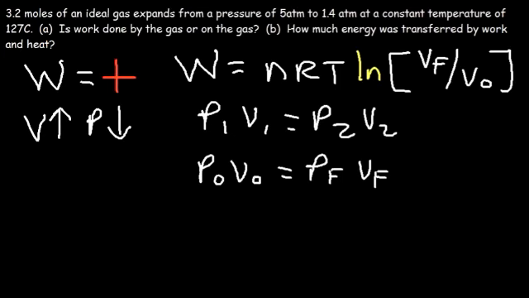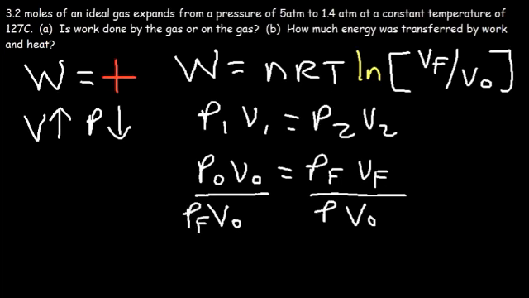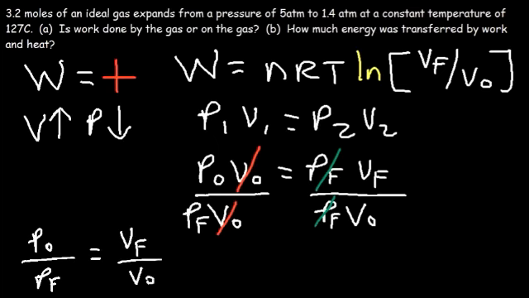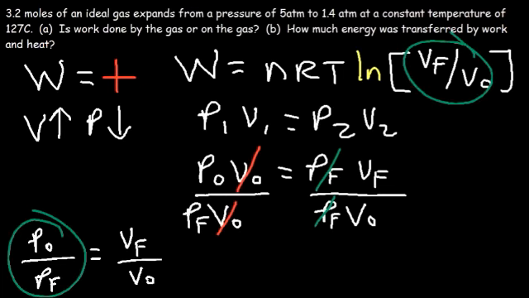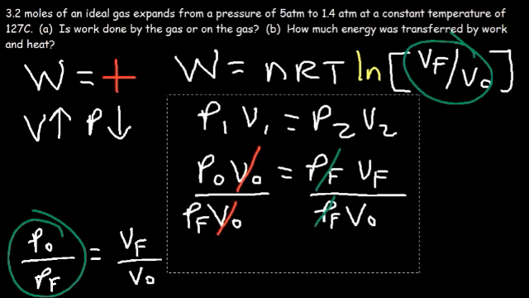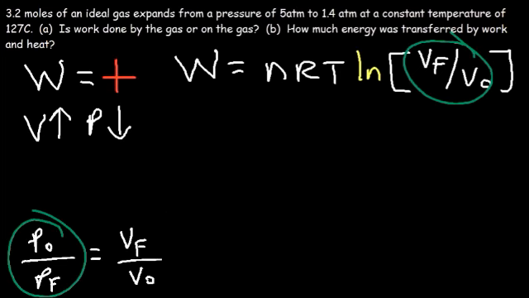Now let's divide both sides by V initial and also by P final. If we do that, notice what happens. V initial cancels on the left side, P final cancels on the right side. So therefore, P initial divided by P final is equal to V final divided by V initial. So we can replace V final over V initial with P initial over P final. So therefore, this is the equation that you want to use for this problem.